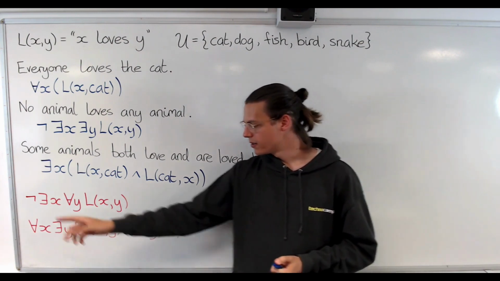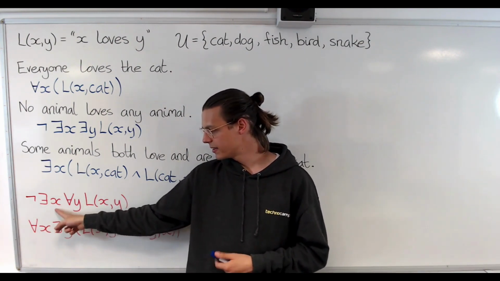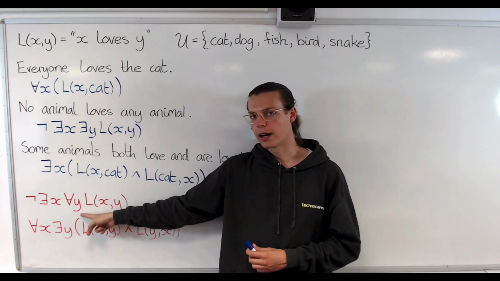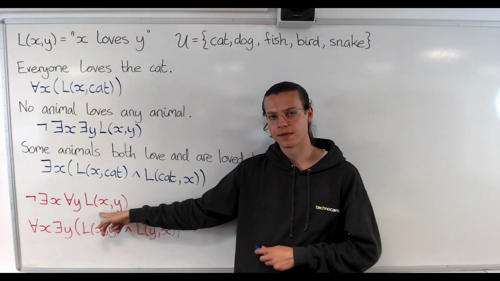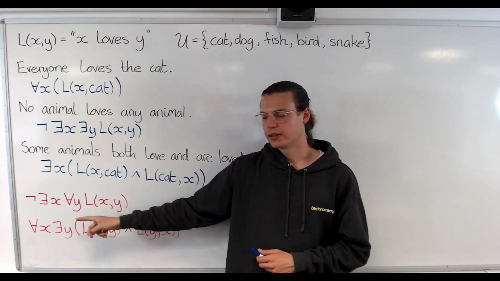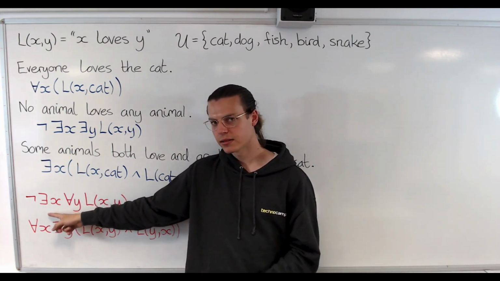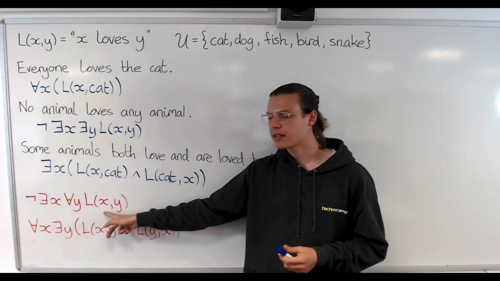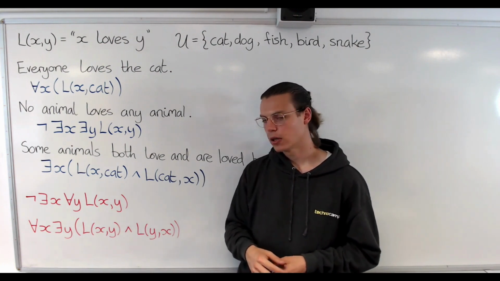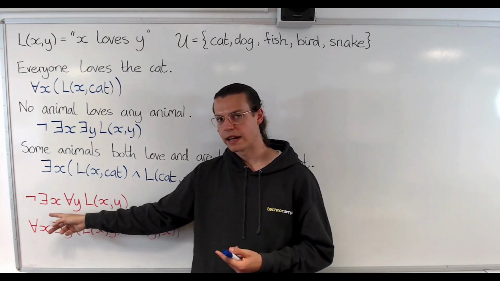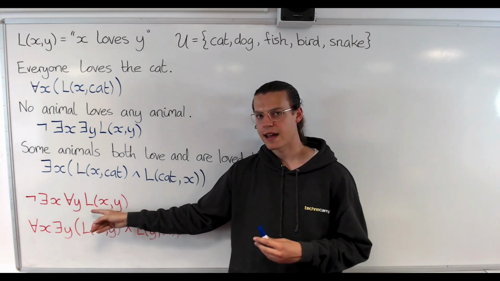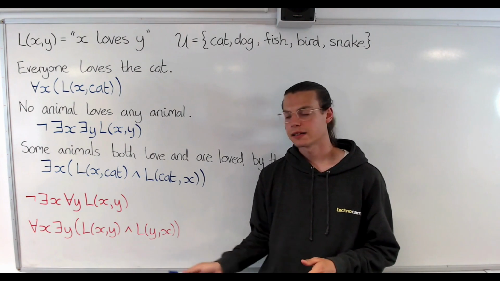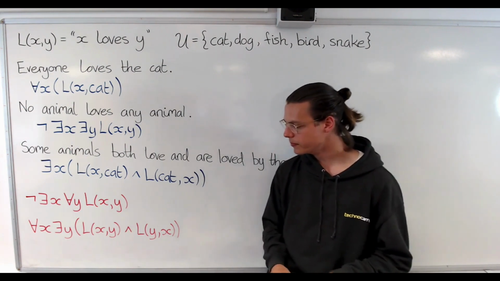This says, it is not the case that there exists some X such that for all Y, X loves Y. So there is no animal X such that for all animals Y, X loves Y. Or there is no animal that loves every animal. No one loves everyone.